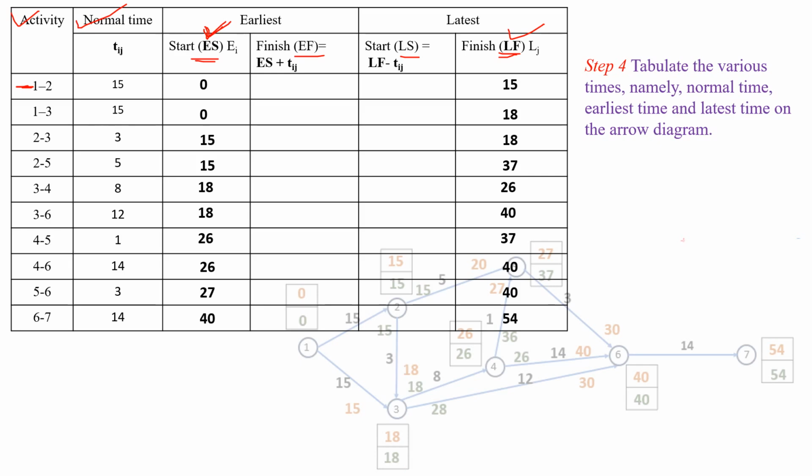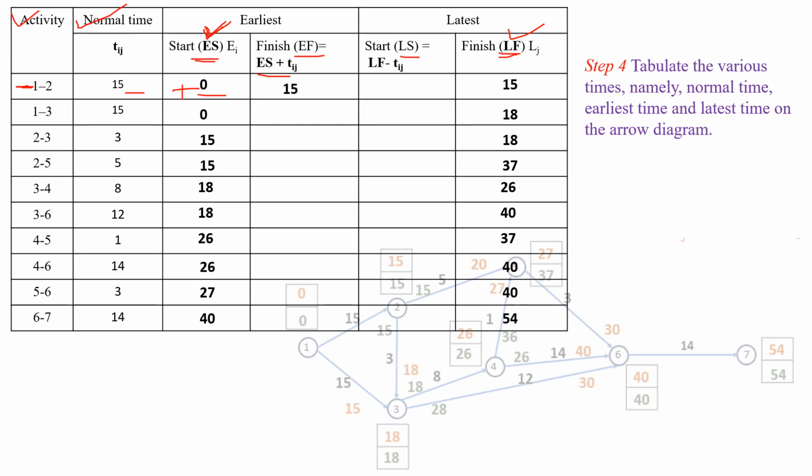Earliest finish time is the earliest start time plus activity time. For activity 1 to 2, earliest start time is 0 and normal time is 15. Then earliest finish time is 0 plus 15, that is 15.